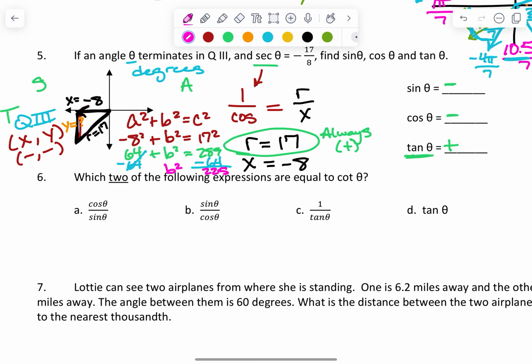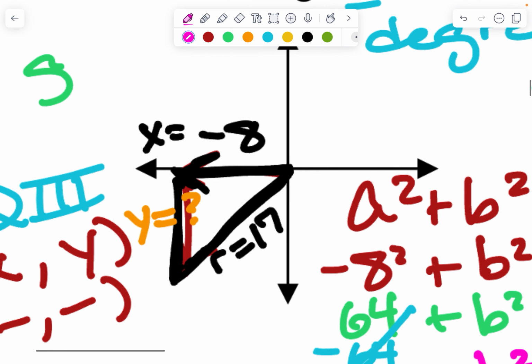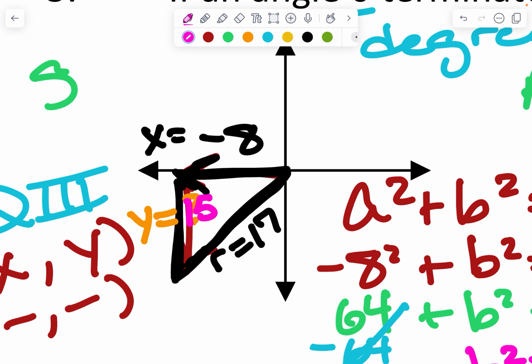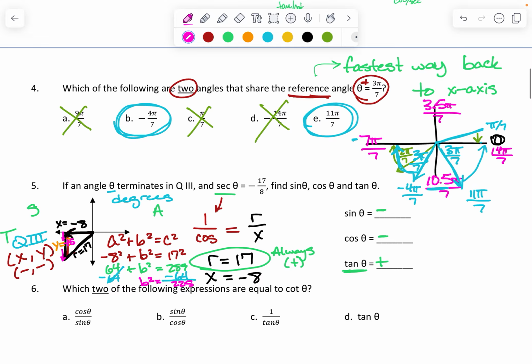So b squared is 225. Now at this point, if you remember a lot of your common perfect squares, that means this side is 15. But remember, we're going down 15, so it's negative.